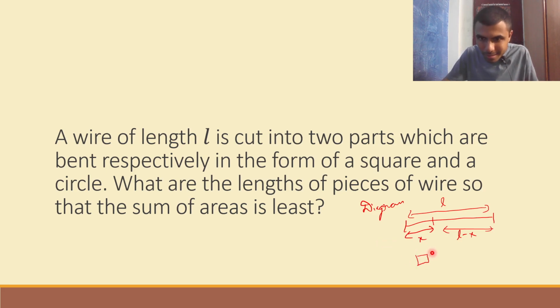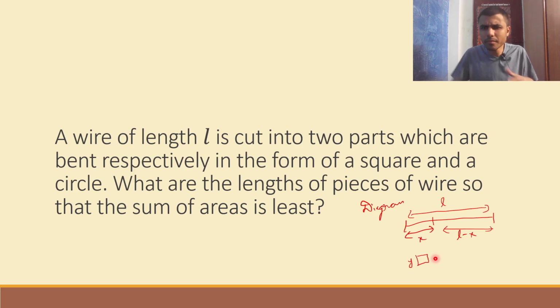That means the sum of the four sides is nothing but x. This x is nothing but the perimeter of the square. Now let us take the side of the square as y, so 4y is nothing but x.